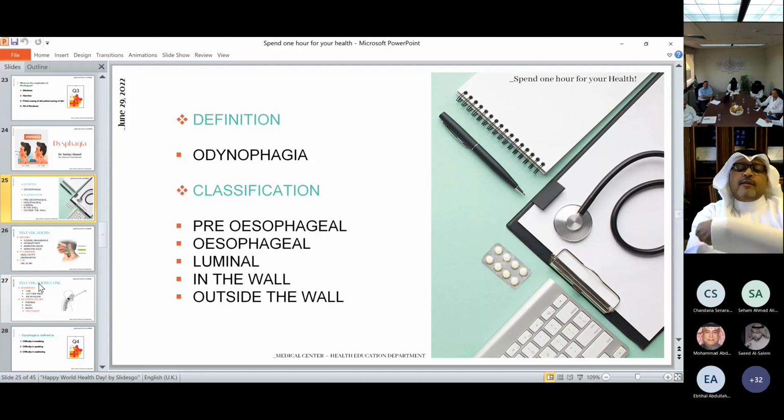In the pre-esophageal causes, the causes may be in the oral cavity with chewing problems. If there is any problem in the mandible, like a fracture, the temporomandibular joint, or mandibular growths, they can cause this. Or there is a lubrication problem, where saliva is not being produced, for example after radiotherapy, when there is xerostomia and no saliva is produced.